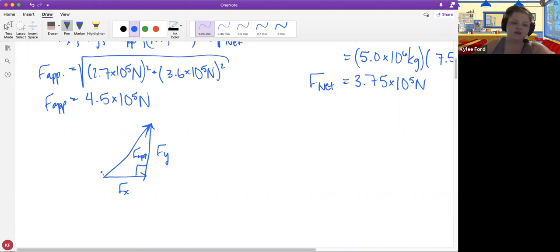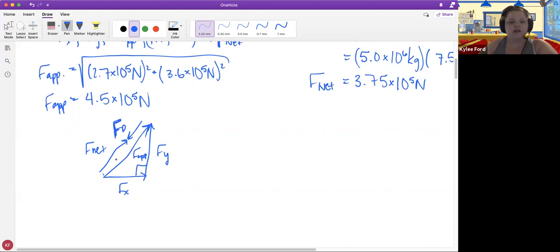Then we have our net force, and our drag force that's going against our applied force.